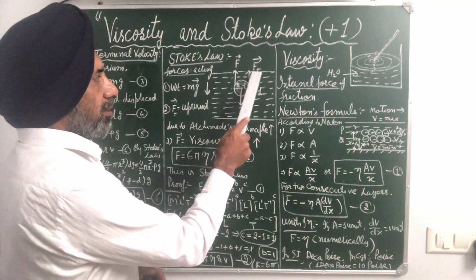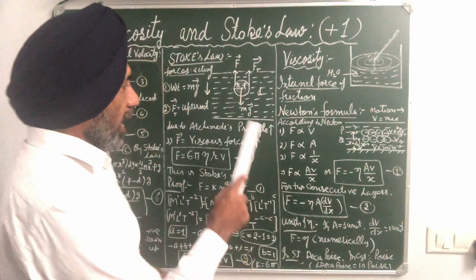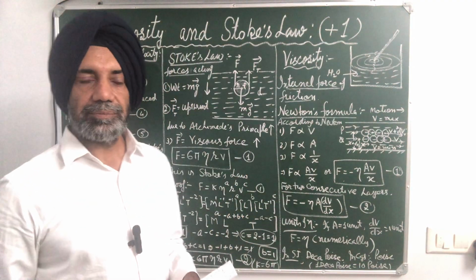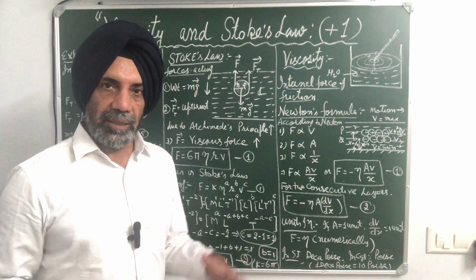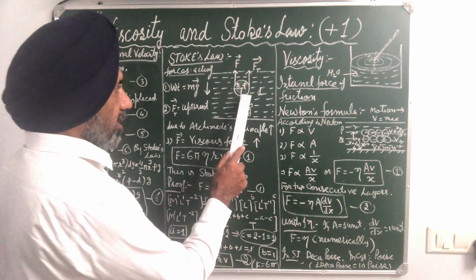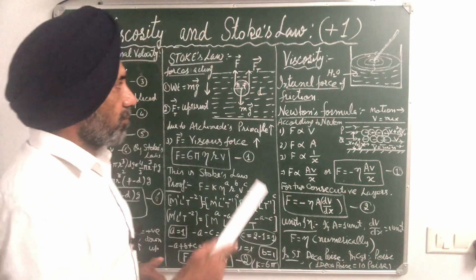Second, F_t, upthrust, acting vertically upwards due to Archimedes principle. Due to Archimedes principle, any body falling through a medium experiences an upward force, which is equal to the weight of the medium displaced.